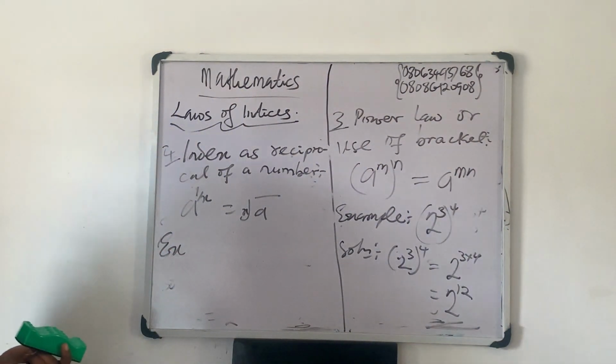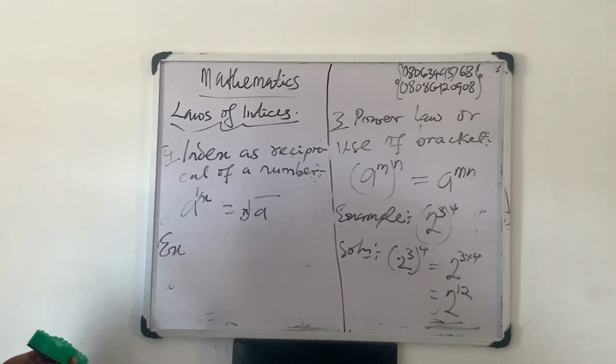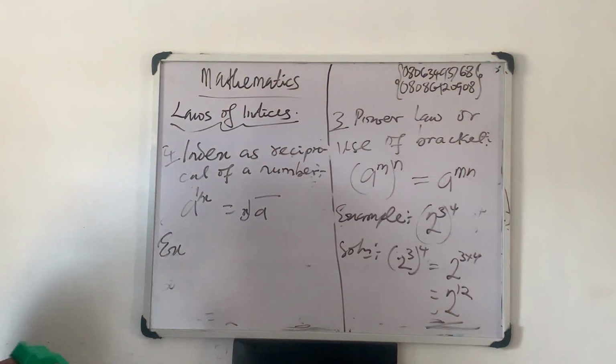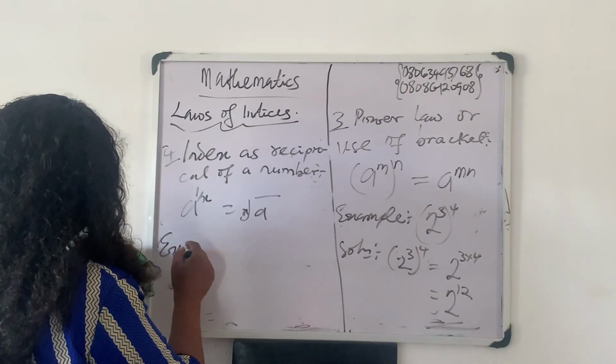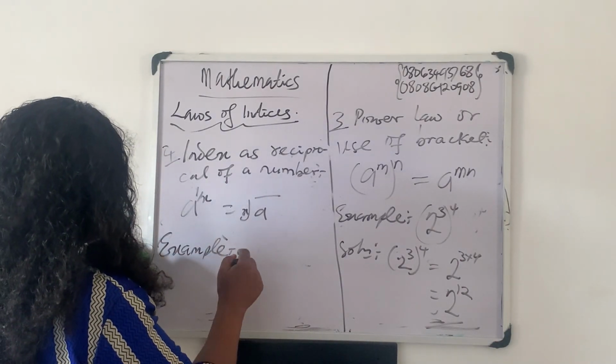That is, a raised to power 1 over x is equal to the xth root of a. Recall that the reciprocal of x is 1 over x. Now let's just look at one example to understand what we're saying here.